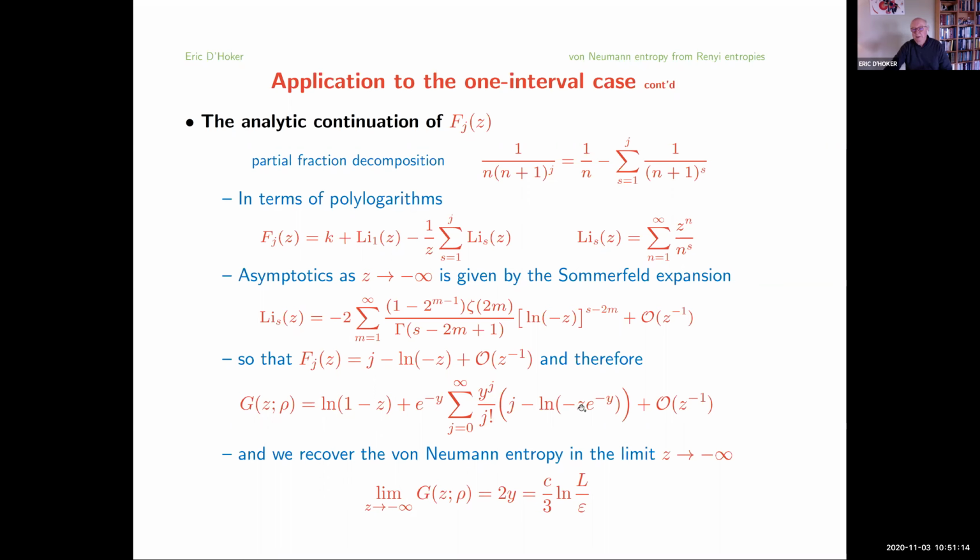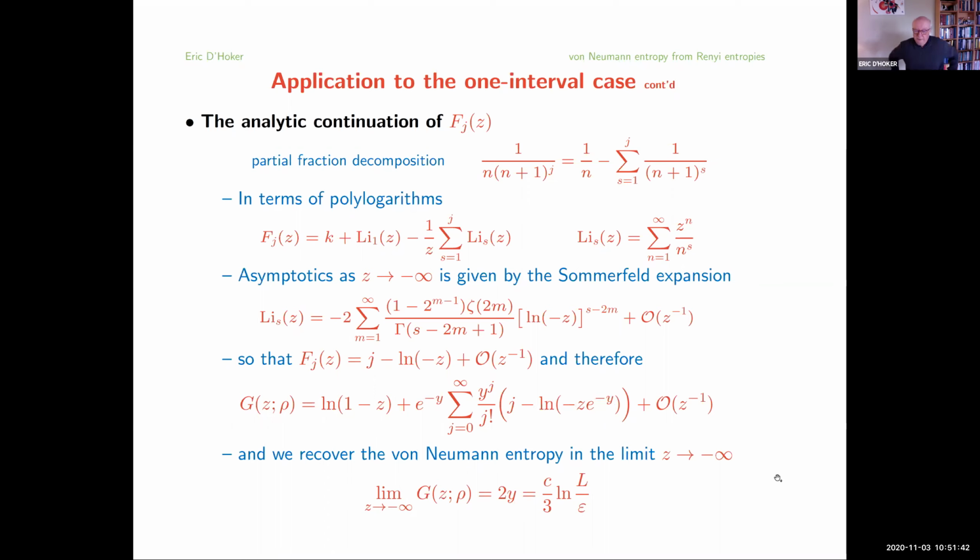And then the log of minus z comes out as well. So what you find in the limit is just 2y. This 2y comes from taking the log of e to the minus y here. That gives you something proportional to y, and then you need to calculate the rest and make sure, but this gives you exactly this result.